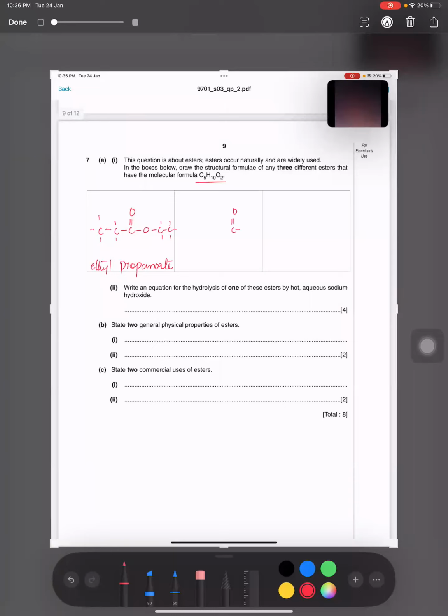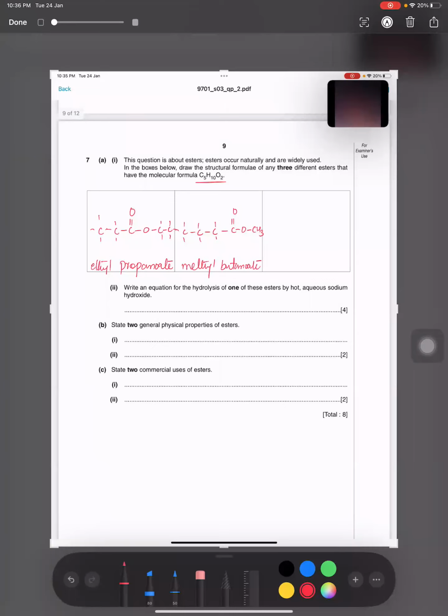You can even draw like this: 1 ester linkage, and CH3 over here, and then we have the rest of the carbon on this side, right? So it should be methyl butanoate, right?